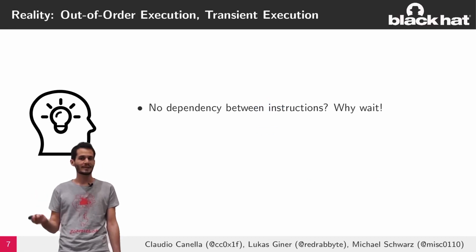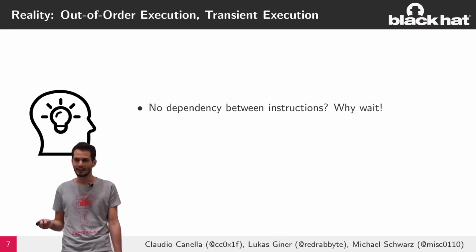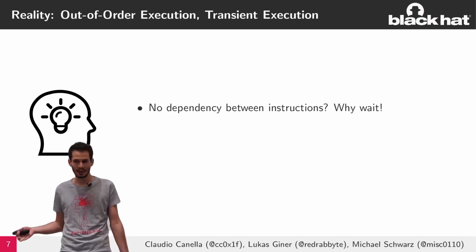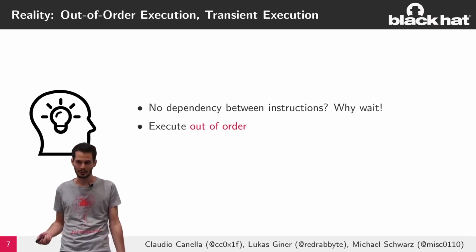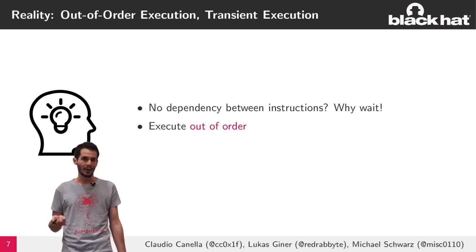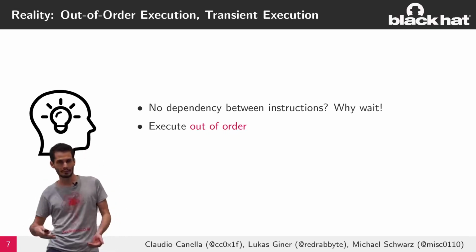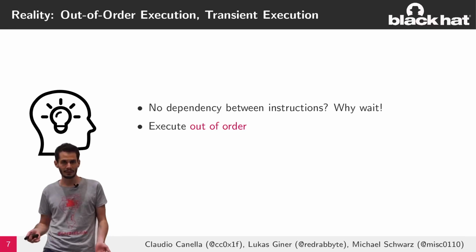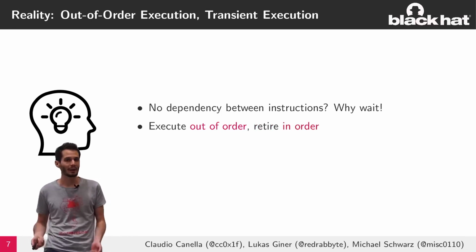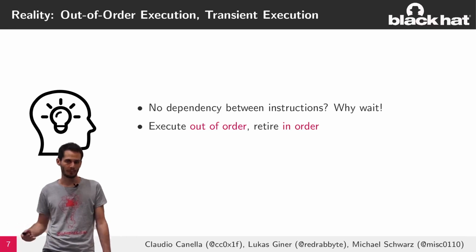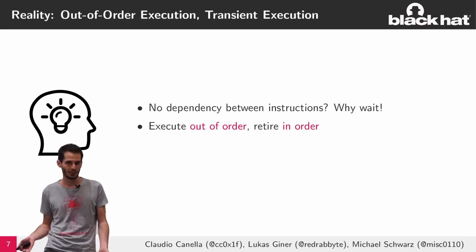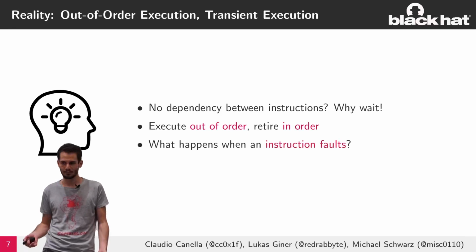So the question here is, if we don't have a dependency between different instructions and we have many execution ports available, why don't we do loads of things in parallel? So we execute them in whatever order is convenient and the ports are available. And importantly, we retire them in the order that they are in the program. So from the outside, from a programmer's view, everything still stays the same.